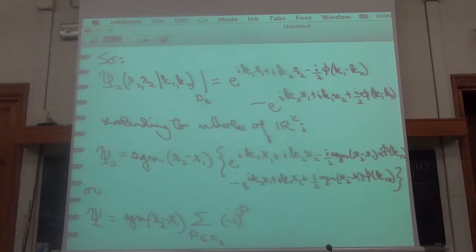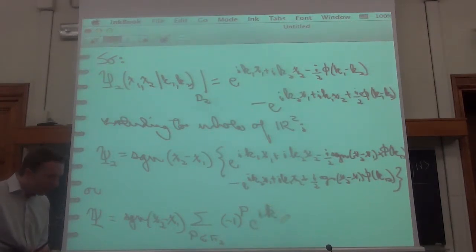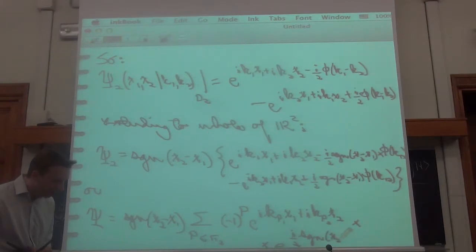This is really the signature of the permutation, so the number of two-element permutations you make to get to the general permutation, of e to the i k p1 x1 plus i k p2 x2, times e to the i over 2 sine x2 minus x1 times phi of k p2 minus k p1.